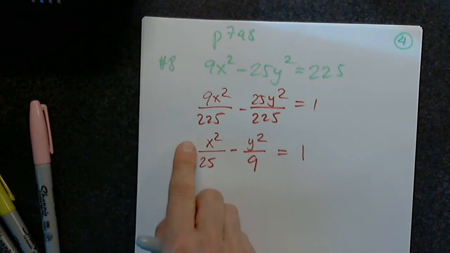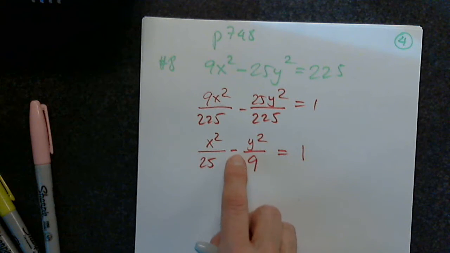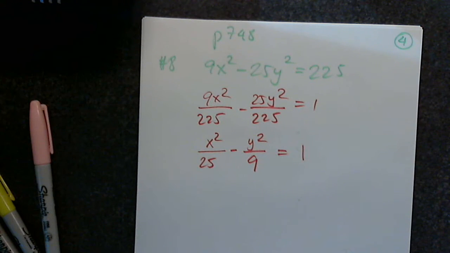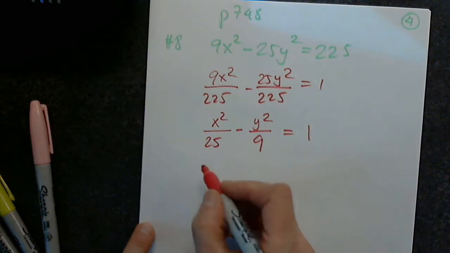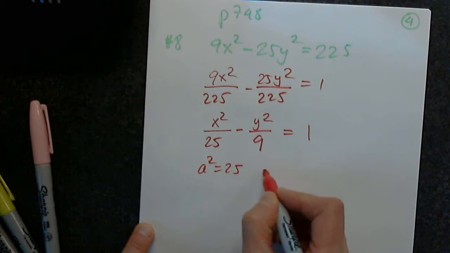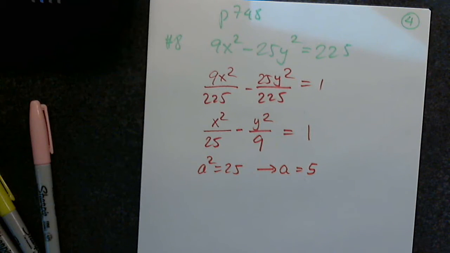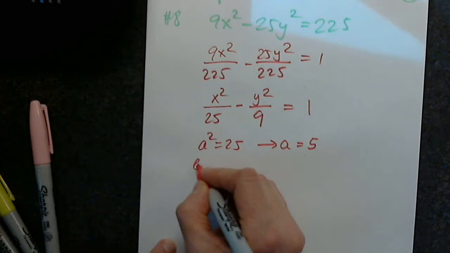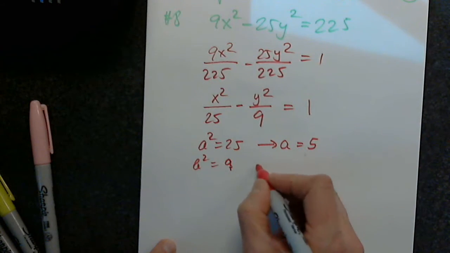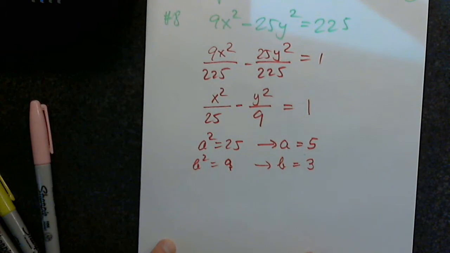Because this term with x squared has plus, and this term with y squared has minus. So then a squared is 25, so a will be 5. And you can say, why don't you write plus or minus? I will, in the sense that a is 5, but I will find a positive and a negative. And then b squared is 9, so b equals 3.